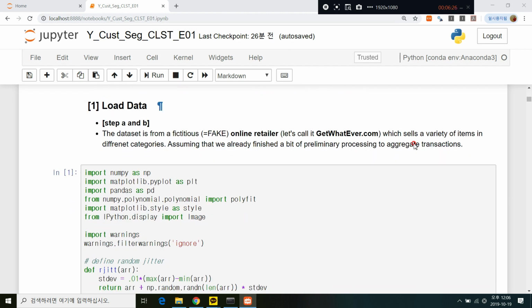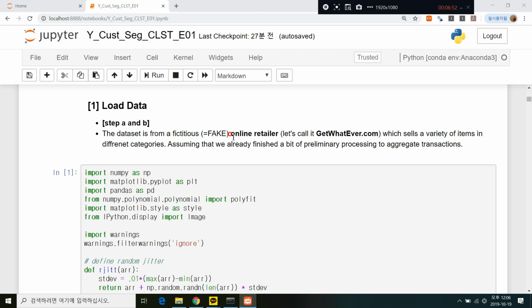We have to load the data first. This is steps A and B. The data set is sort of fake, okay? I created the data set, but I assume that this is an online retailing company, let's call it getwhatever.com.